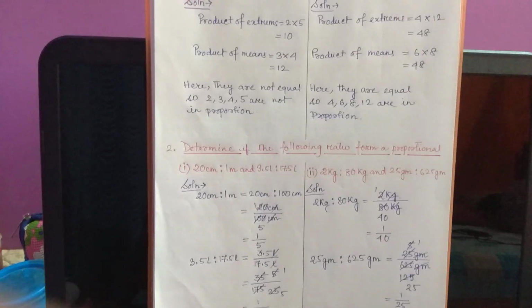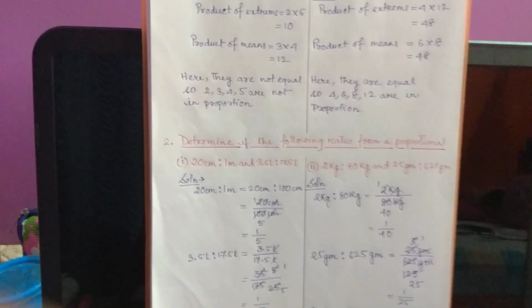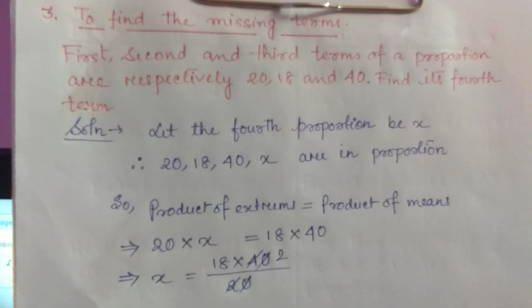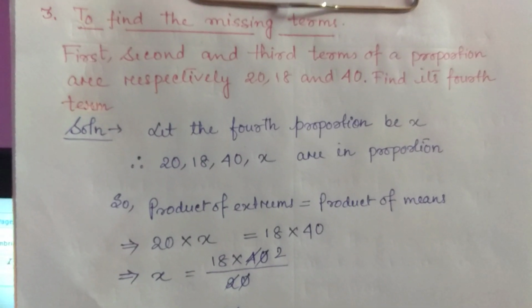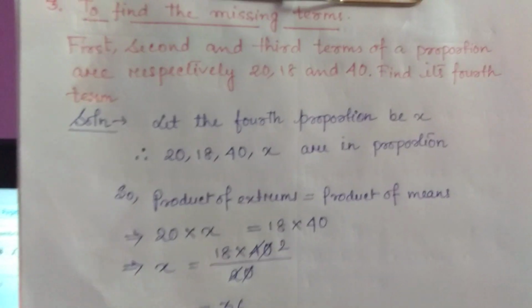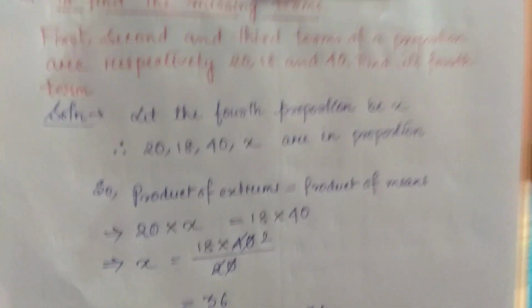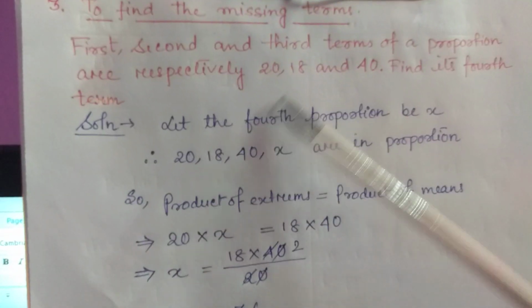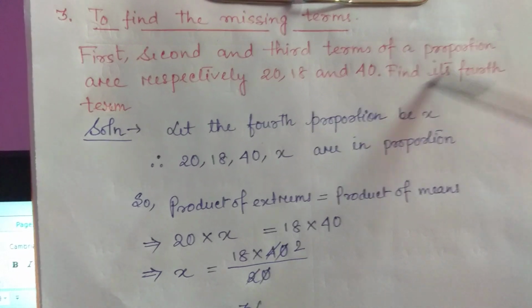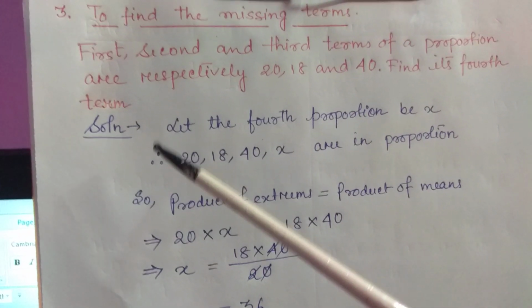Now we will see how to find the missing terms in a given proportion. So now look how to find the missing terms. The question is, first, second and third terms of a proportion are respectively 20, 18 and 40. Find its fourth term.